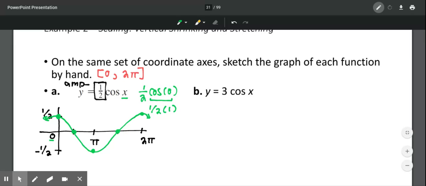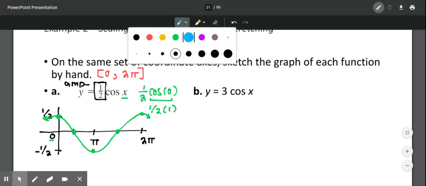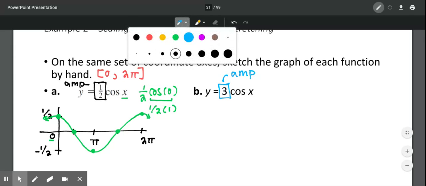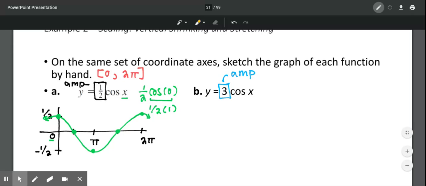If we look at this next one, you notice your amplitude in this case is 3, right? So if our amplitude is 3, then when we're drawing our graph, we would go up to 3, and we would go down to -3.